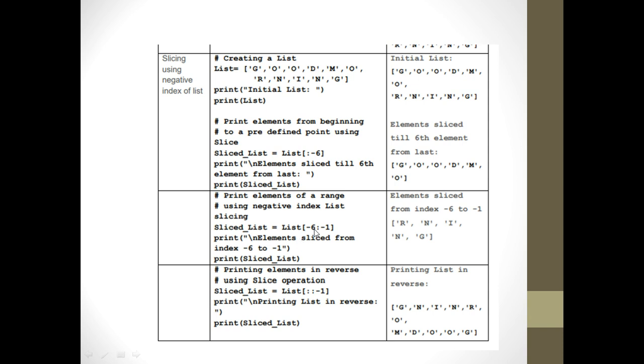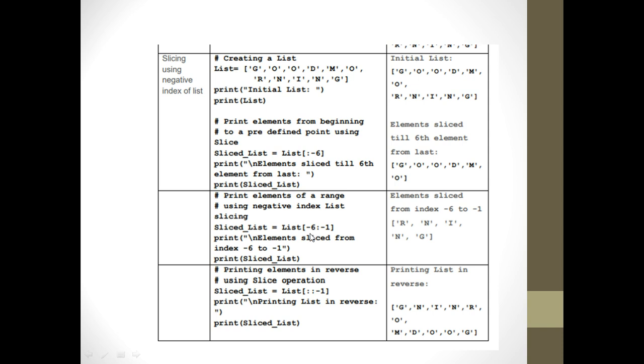Now, if I say minus 6 to minus 1, minus 6 refers to O. Minus 1, minus 2, minus 3, minus 4, minus 5, minus 6. So minus 6 refers to O. So here it will be printed from minus 6 to minus 1.